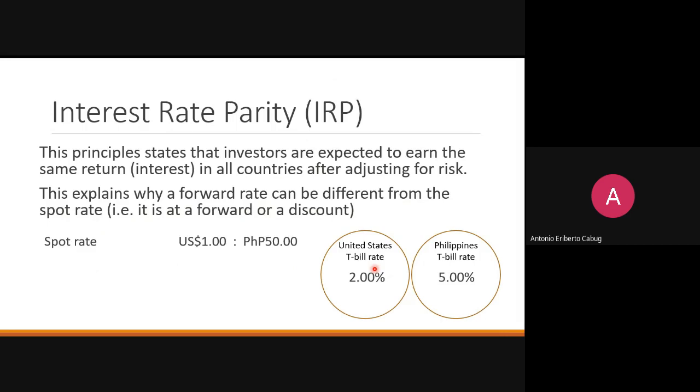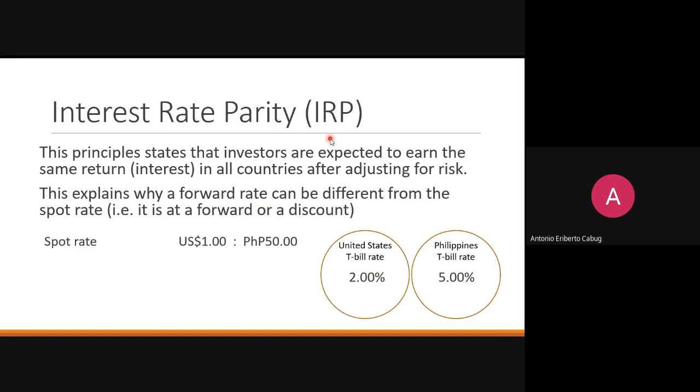If IRP is true, the answer is yes. It doesn't matter whether the investor invests in the Philippines or in the United States. There would be no difference between the two.